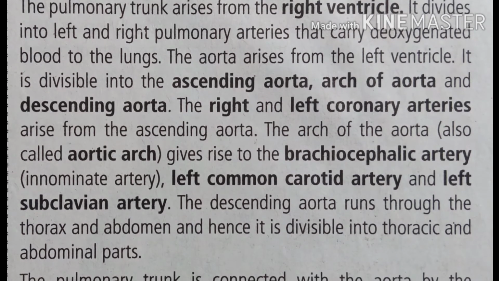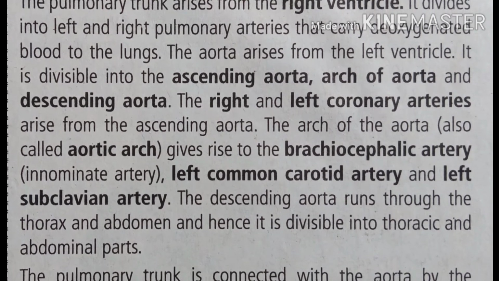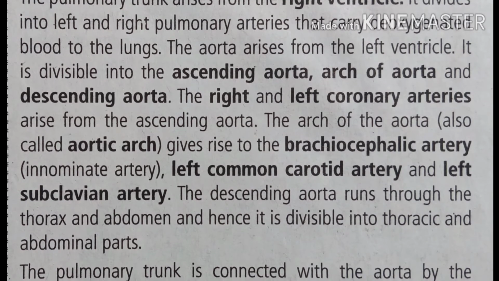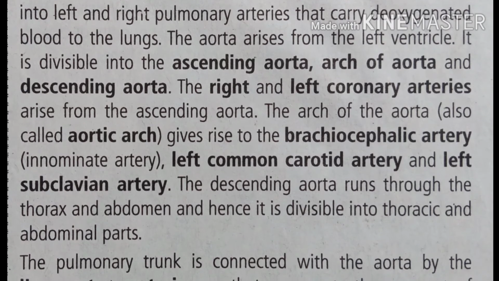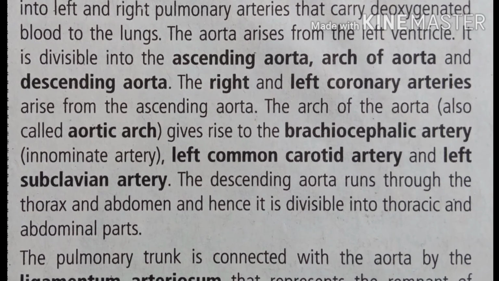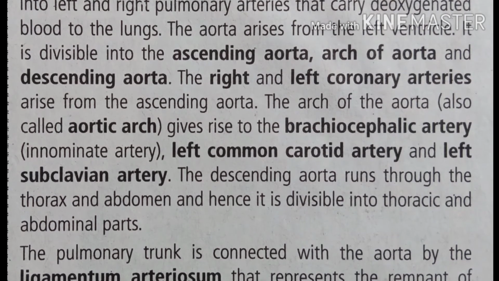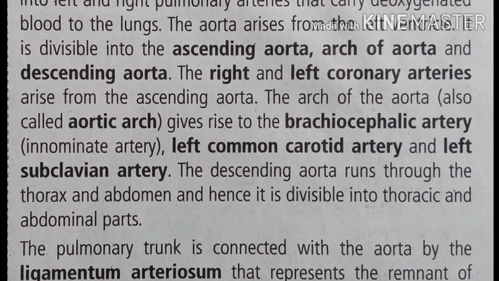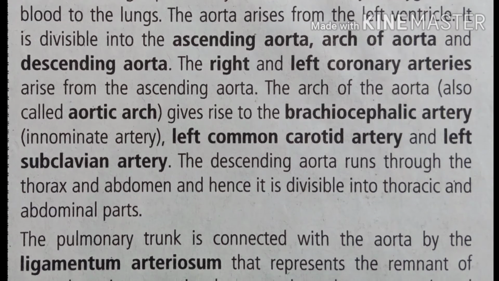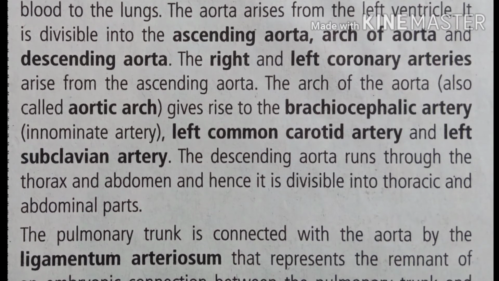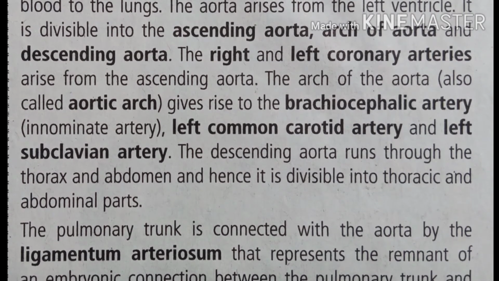The arch of aorta gives rise to the brachiocephalic artery, left common carotid artery and left subclavian artery. The descending aorta runs through the thorax and abdomen, and hence it is divisible into thoracic and abdominal parts.